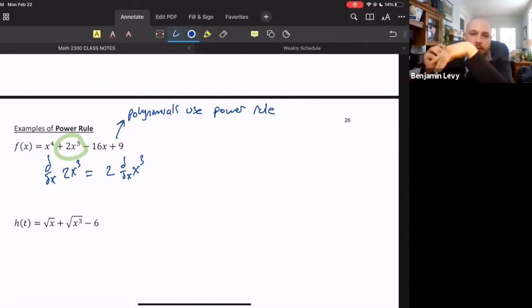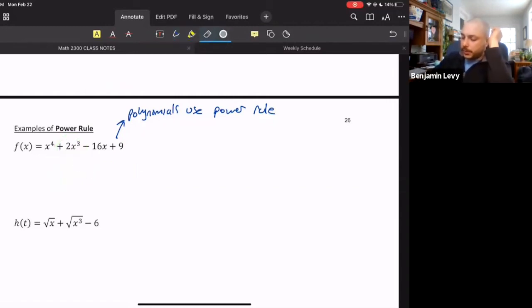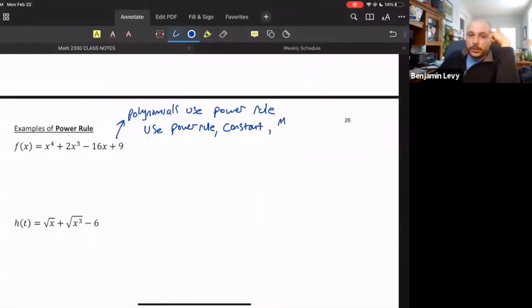I'm going to erase this in a second because I don't know if I have enough room, but I'll show some of the details here. Something as simple as a polynomial like this one actually involves a bunch of the rules up there. We're going to use the power rule because they're all raised to powers. We're going to use the constant multiple rule because they have some constants in front of them, and the sum rule.